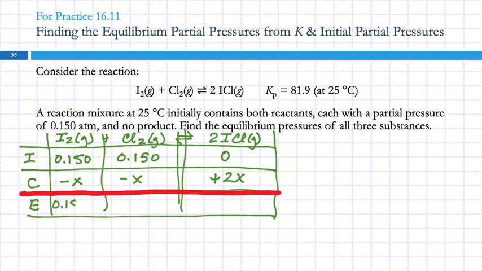I've got 0.150 minus X, 0.150 minus X, and 2X. Kp is equal to the pressure of ICl squared divided by the pressure of I2 times the pressure of Cl2.